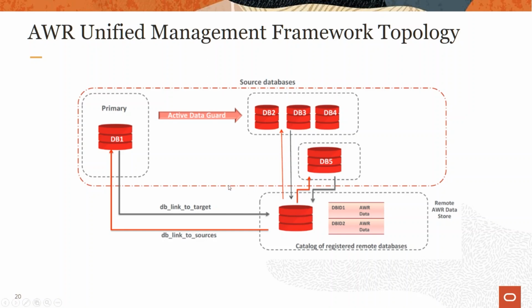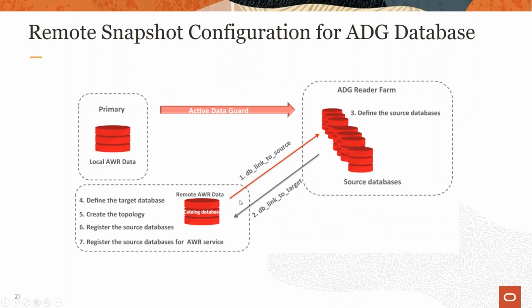Okay, so the first step here is you set up a database link from the AWR catalog database to the source database. The source of AWR, in our case, is the physical standby database, because it works only for Active Data Guard. Also, the database link must be available to the remote AWR data, actually the target catalog database.